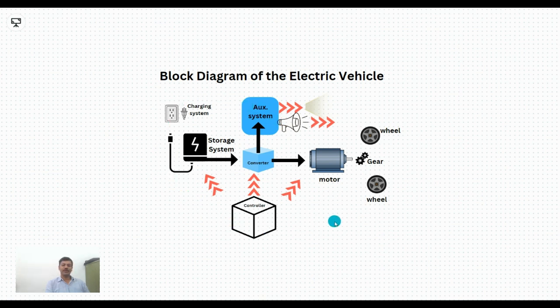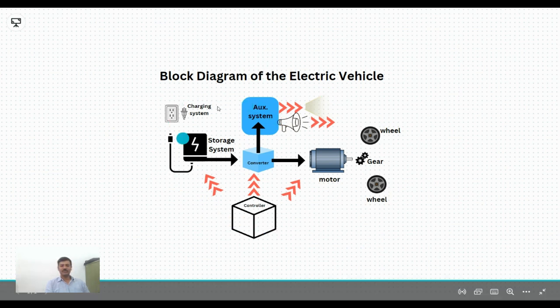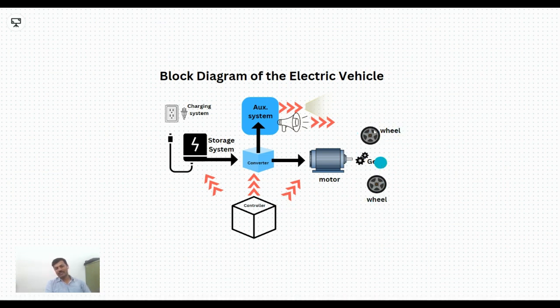Okay, so if we look into this, then we'll have mainly the mechanical power train, mechanical power transmission system, then the motor, then the converter, depending on the motor which you select, DC-DC or DC-AC, and then the storage system and the auxiliary system. And to look after these three, there will be a controller. Okay, and to provide the sufficient energy, there will be a charging system also.